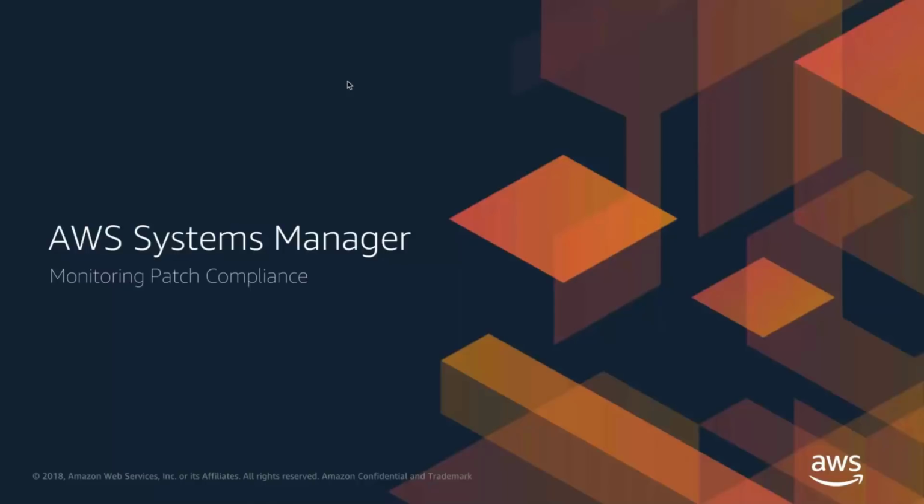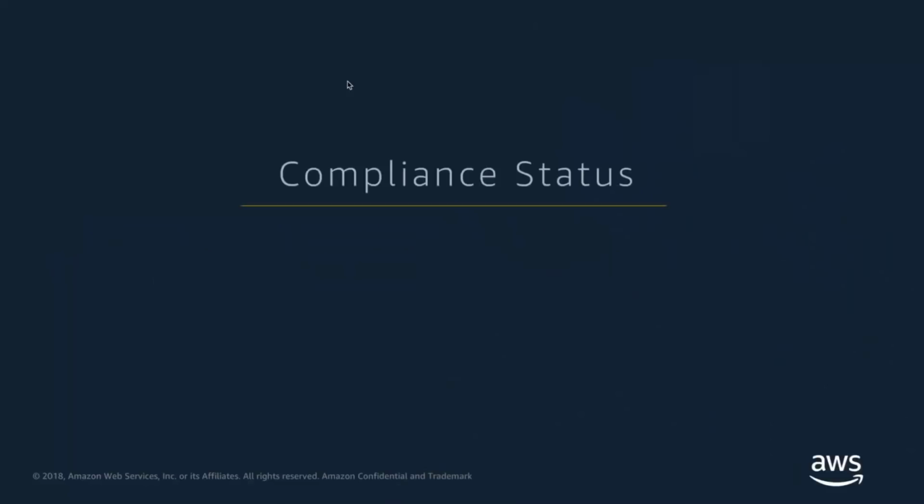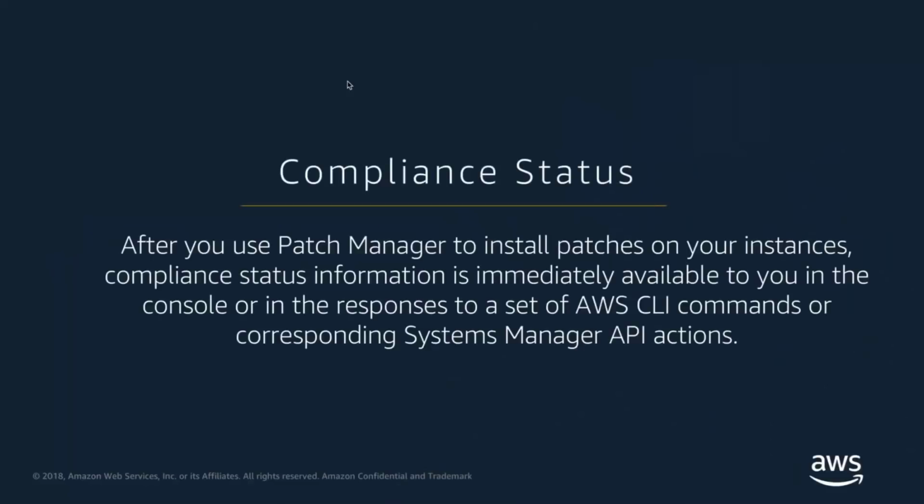Sure. So after you have used Patch Manager to install patches on your instances, compliance status information is immediately available to you in the console or in responses to a set of AWS CLI commands or Systems Manager API actions.